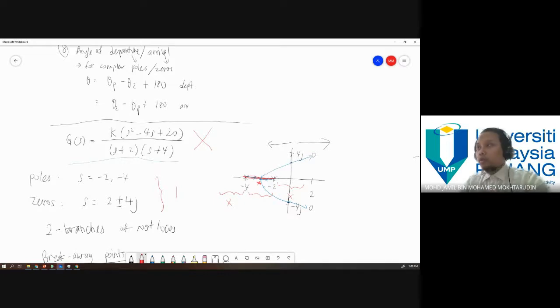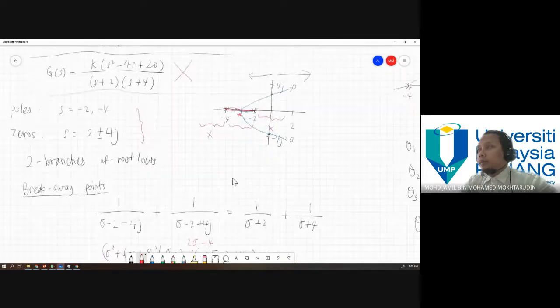So when they cannot simplify the block diagram, dia hilang semua markah lah for this question. Or maybe we give this. Maybe we ask you to find GS from gear system ke, or mechanical system, and then from there you can find poles and zeros and sketch the root locus.